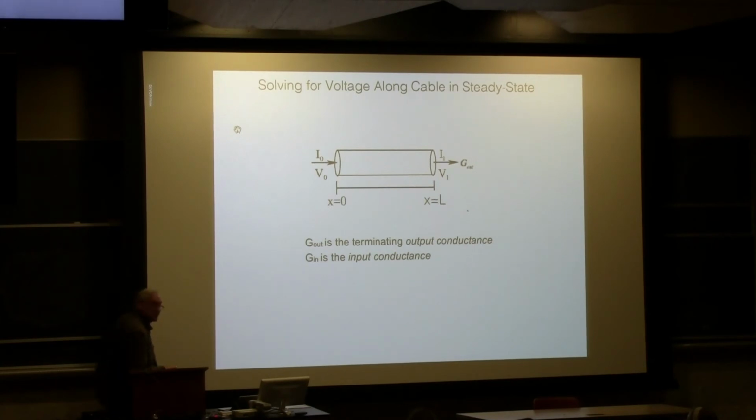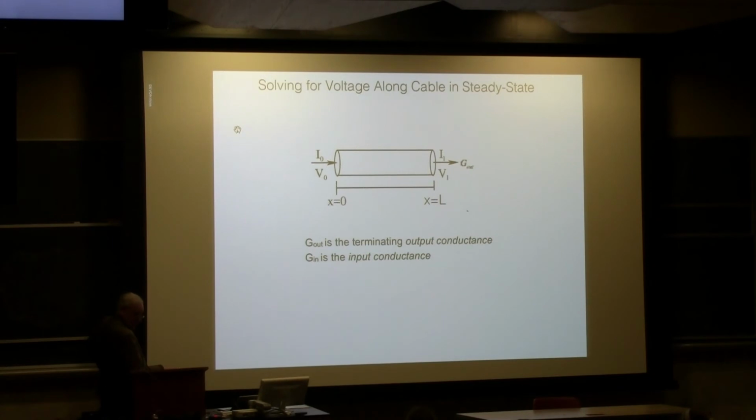So what we're now going to do is examine the properties of cables that aren't infinite in extent but have some finite length. Remember, length is now expressed in the dimensionless variable capital L. We can imagine a current flowing into this cable on one side at x equals 0. I'll call that current I sub 0, and the voltage produced there, V sub 0, and there may be a current flowing out of the end of that cable.